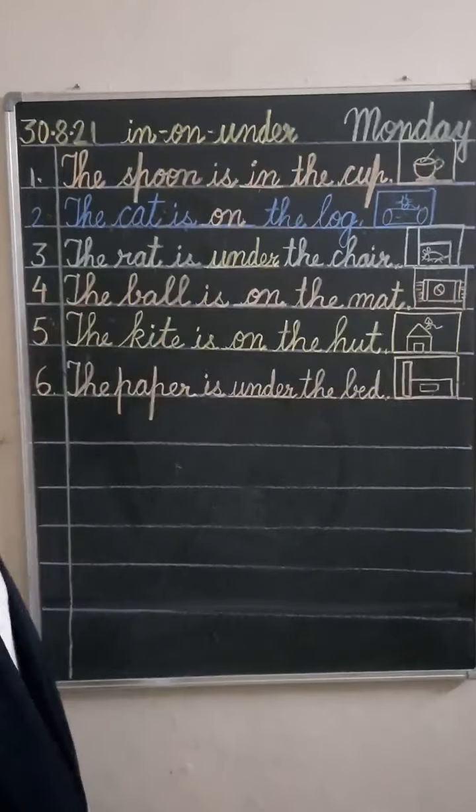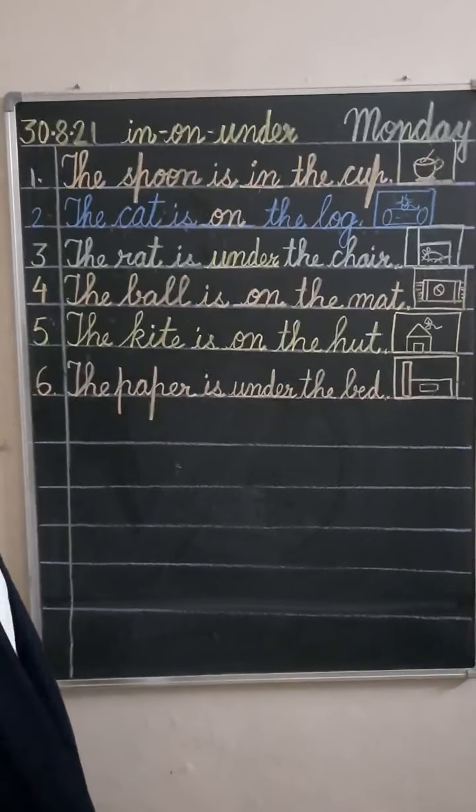Okay, beta. Next, number 7 is the flower, T-H-E, the flower, F-L-O-W-E-R. The flower, I-S is, put dot on small i, here make a blank, leave a blank.